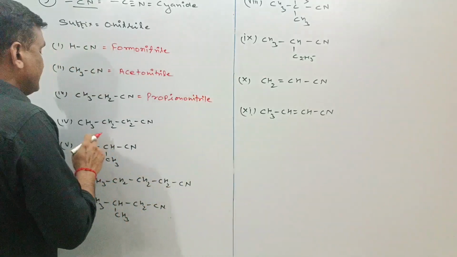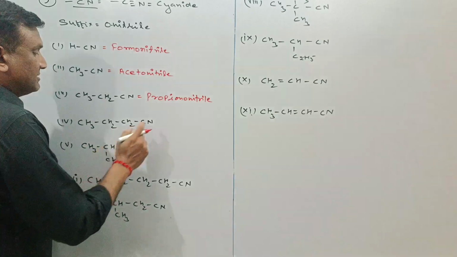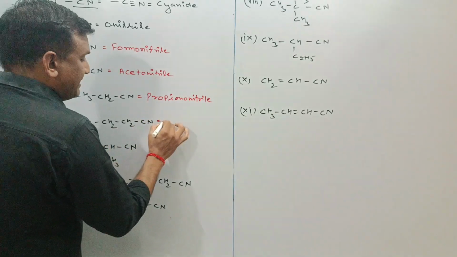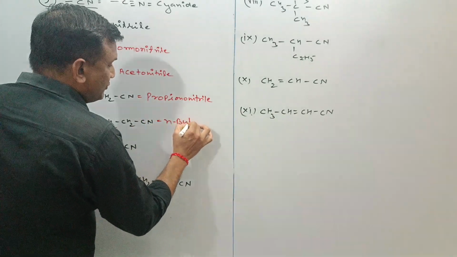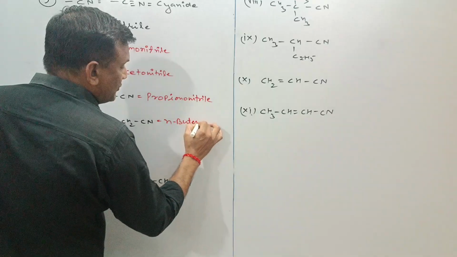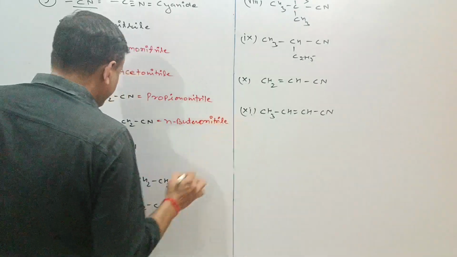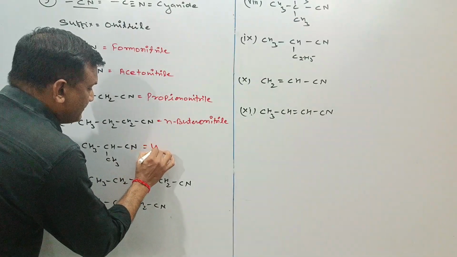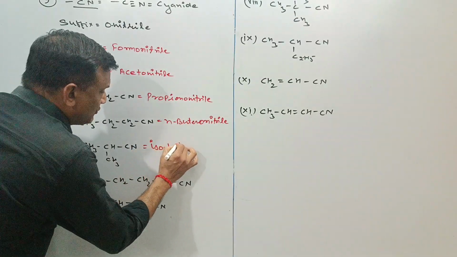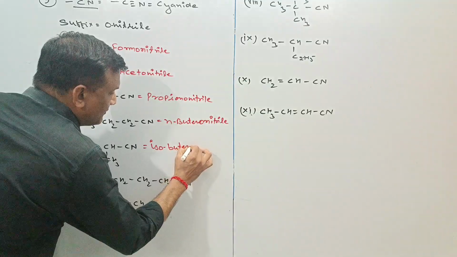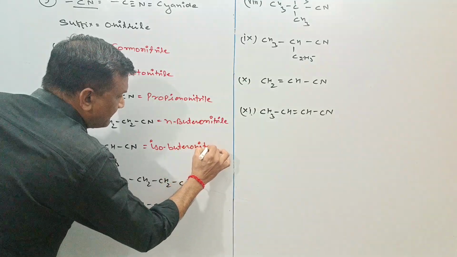So propiononitrile. If you go with the next, that is N-butyronitrile.